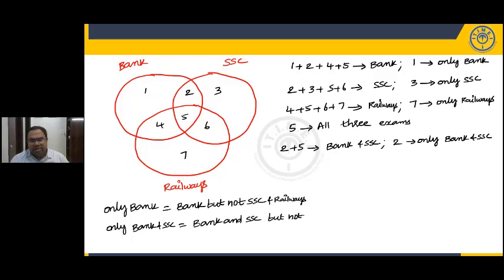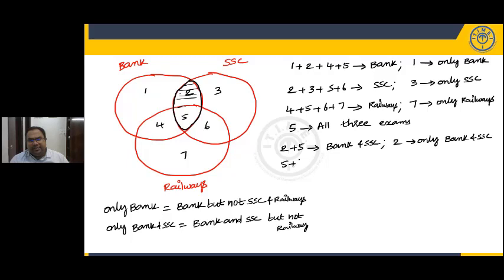Another terminology, that's all, but not railways. Bank and SSC means this portion. This indicates only bank and SSC, or I can say bank and SSC but not railways. Remove railways, this portion, this circle, remove this. So only bank and SSC, or bank and SSC but not railways.